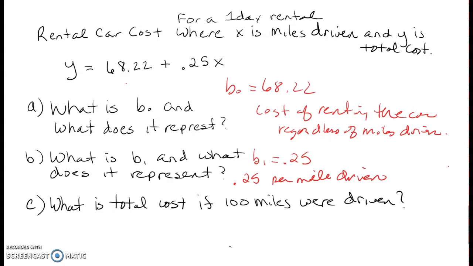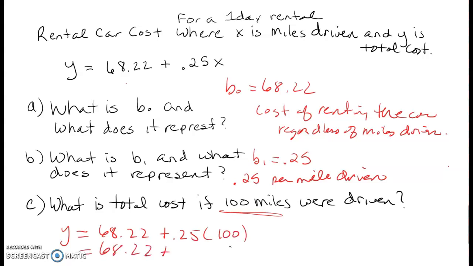So let's suppose we drove 100 miles. We want to know what the cost is. x is the total miles driven. y is the cost. So we would plug in 100 for x. 0.25 times 100 is, of course, 25.